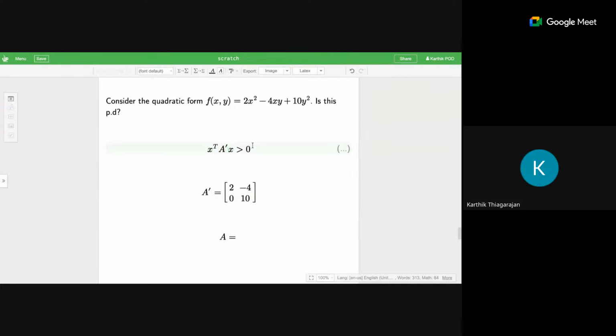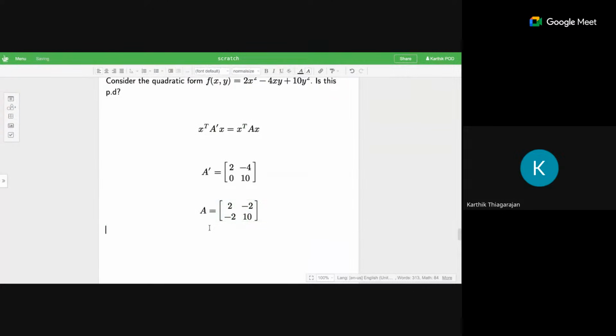So this is x transpose A prime x, and this is x transpose Ax, where A is symmetric and A prime is not. So A will be what? 2, 10, minus 2, minus 2, correct? So what are the eigenvalues of this? This is 2 minus lambda.